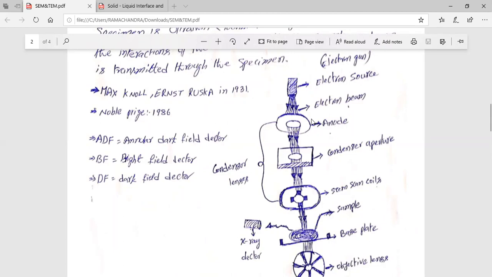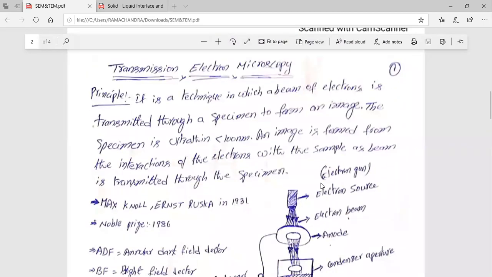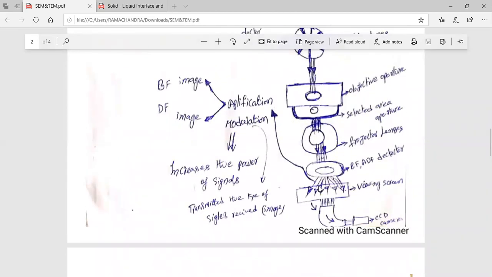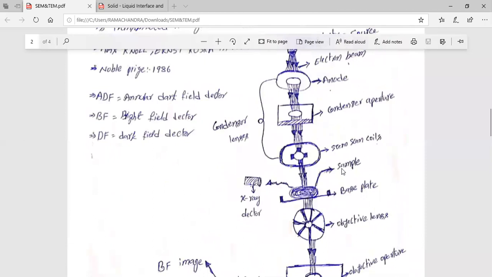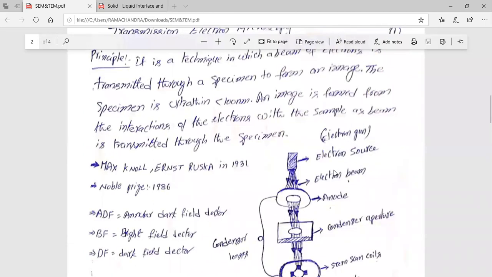So we see the internal working of the transmission electron microscope. Here also the specimen is ultra thin, less than 100 nanometers, a very nano level. That type of specimen's image can be detected by using the transmission electron microscope.